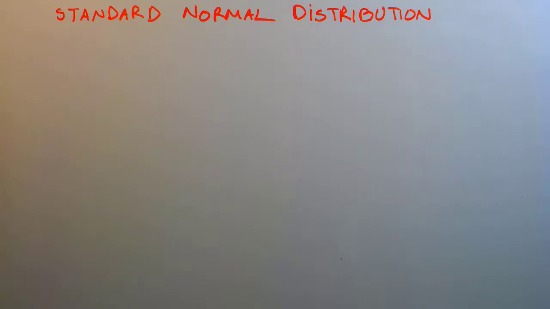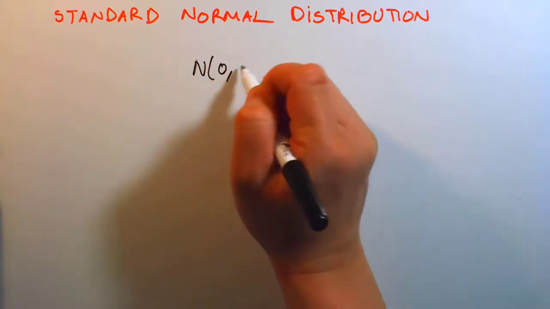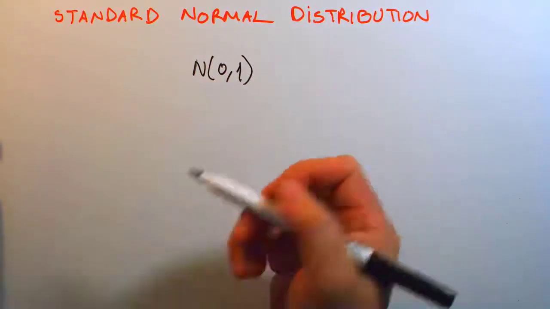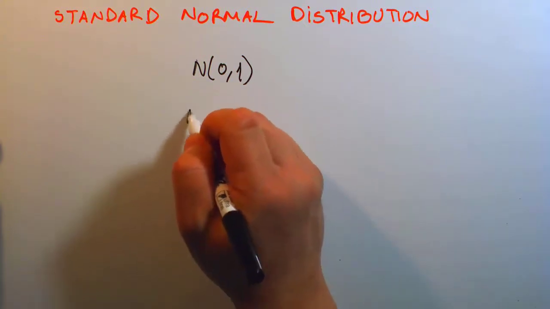But I really need to emphasize this: throughout my time teaching statistics, I keep having students mistake the standard normal distribution for some other normal distribution that almost looks like a standard normal distribution. So really, an N(0,1), or a standard normal distribution, has three critical requirements. First of all, it has to be a bell curve.